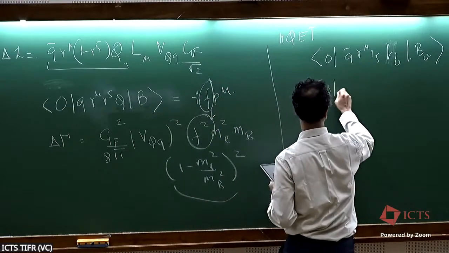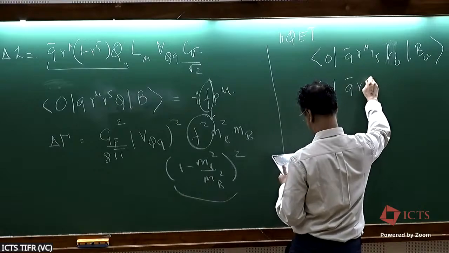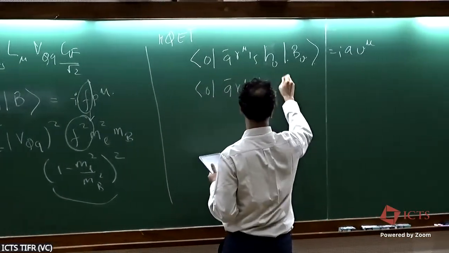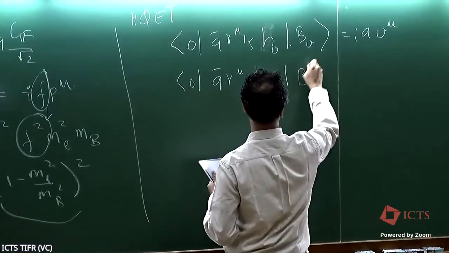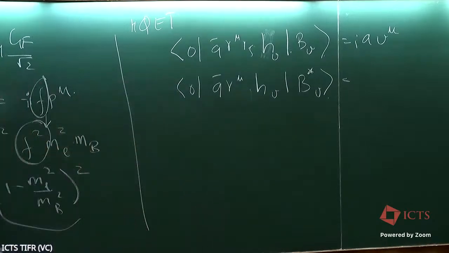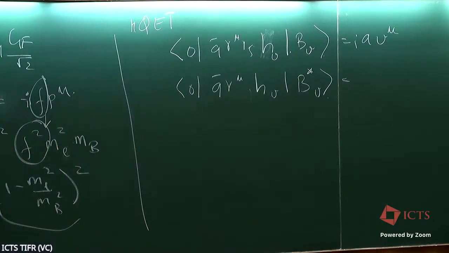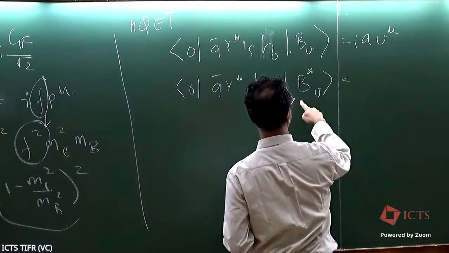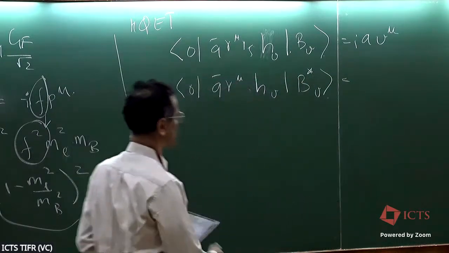Now here, HQET starts to tell us some information. So let me look at the decay of B, the spin 0, and then let me look at the vector B meson.